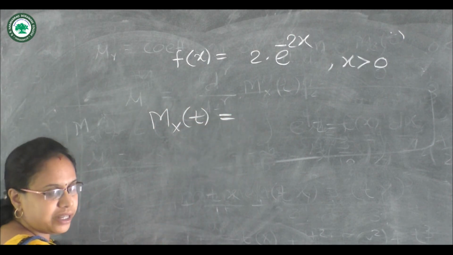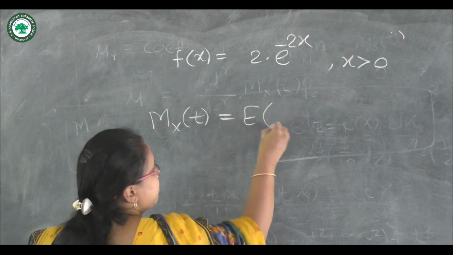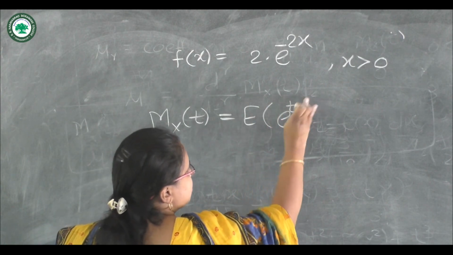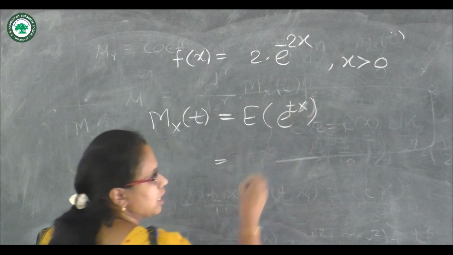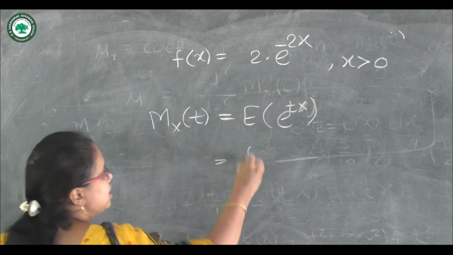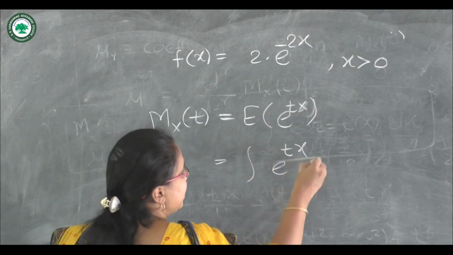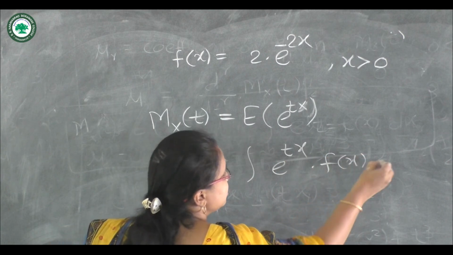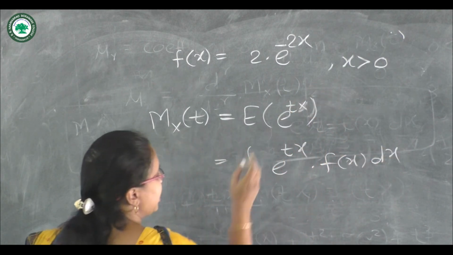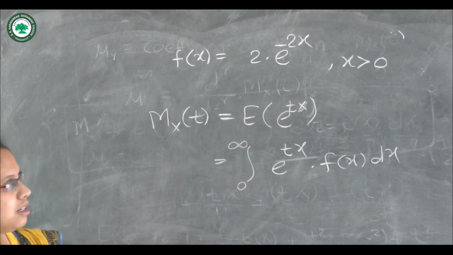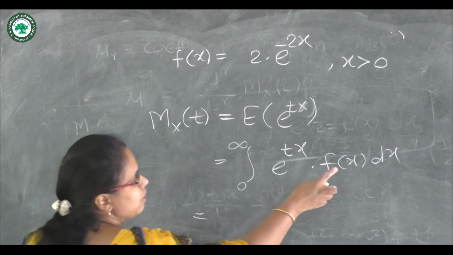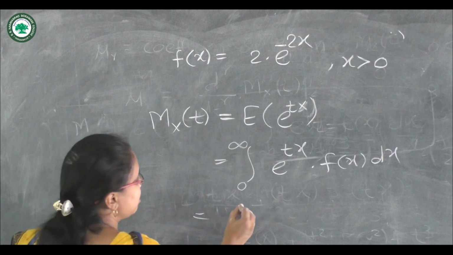By the definition, it is expected e raised to tx. Let's solve this integration: e raised to tx into f of x dx. Here the range is from 0 to infinity because x is greater than 0. Let's put the value of f of x here.